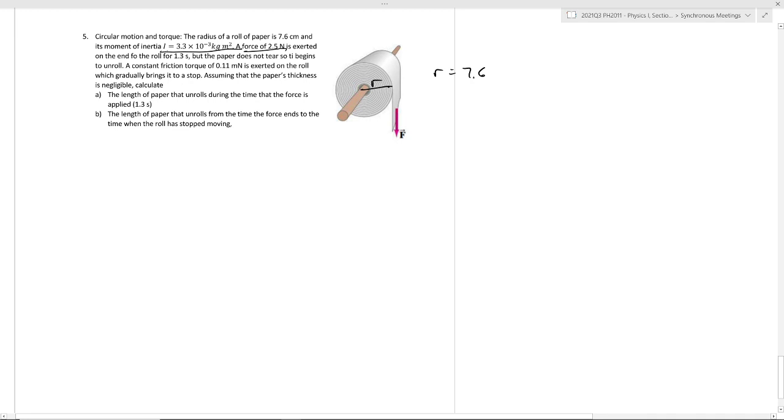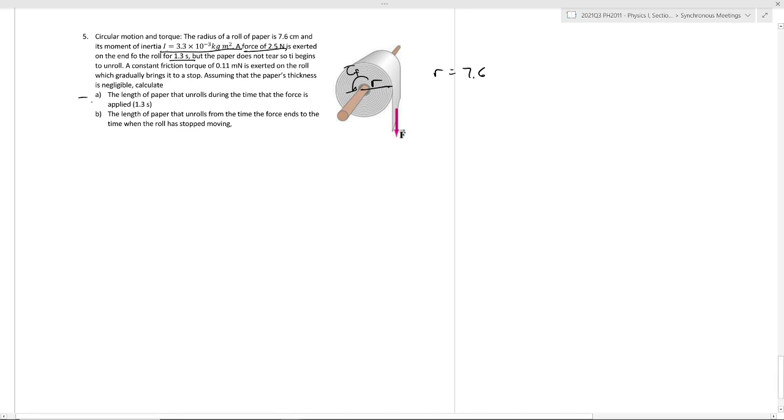And you pull on it for 1.3 seconds, and it unrolls the paper. And there's also a constant frictional torque. Think of this as a torque that's resisting the pulling. So maybe there's friction in the roll or whatever. And assuming that the R doesn't change, i.e. the paper's thickness we can omit, we want to figure out the length that the paper unrolls.